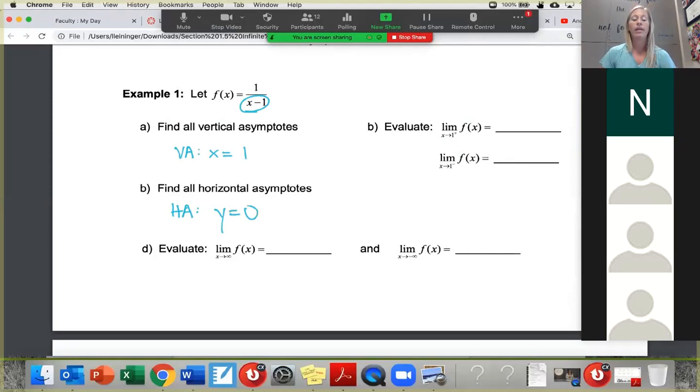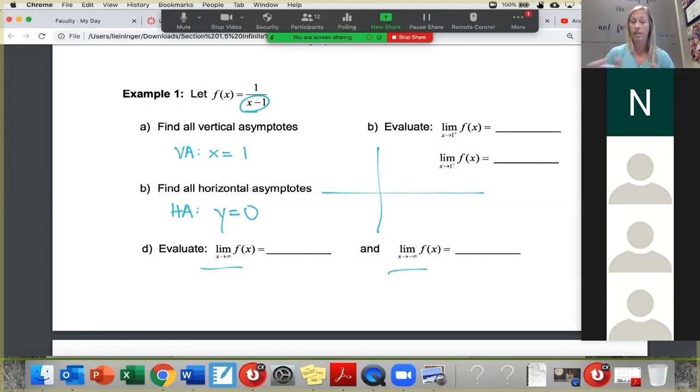Now, at the beginning of this, in order to evaluate these limits, we have 4 limits to find. The limit as we approach 1 from the left and 1 from the right, and then the limit as we approach infinity and negative infinity. These we have not seen at all yet, and this is all based off of vertical and horizontal asymptote behavior. Some of you are more visual than others, and I am not saying to draw a very specific graph here at all.